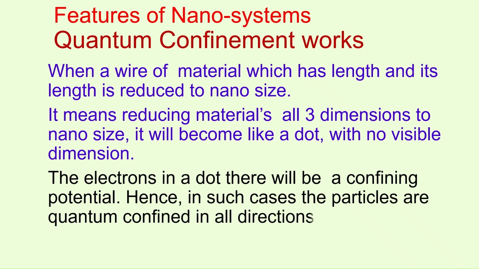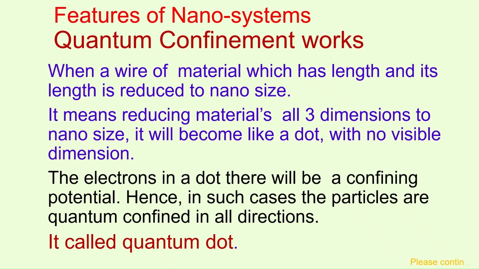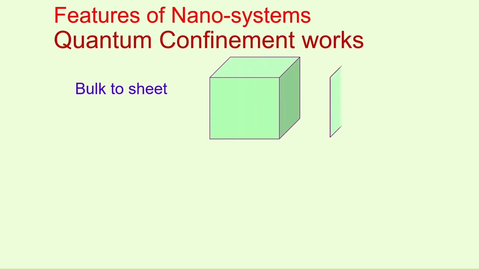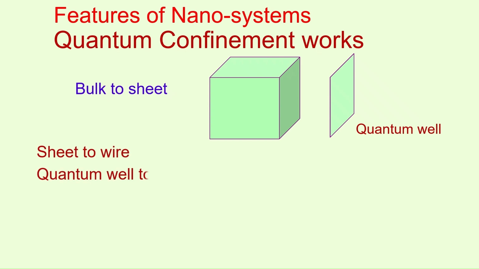Hence, in such cases, the particles are quantum confined in all directions. It is called a quantum dot. Watch. Bulk solid to sheet, sheet to wire, and wire to dot.